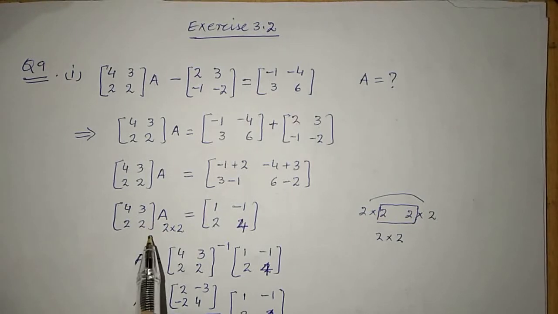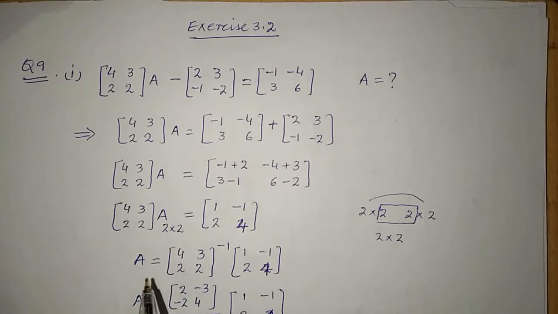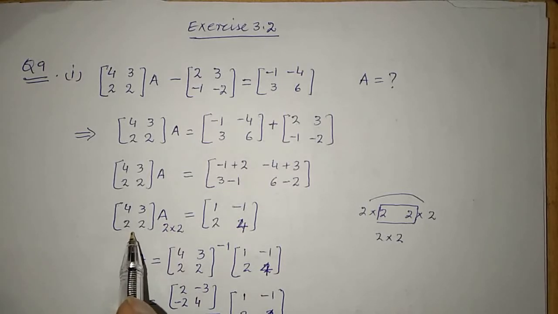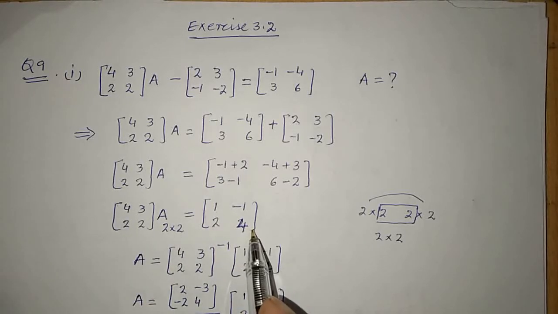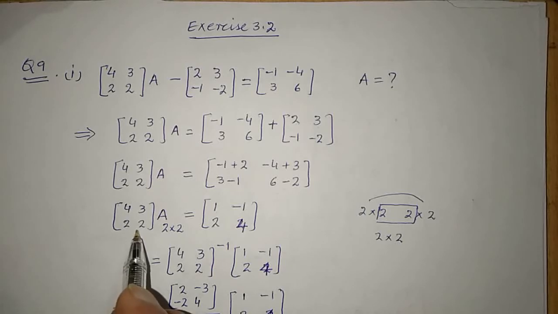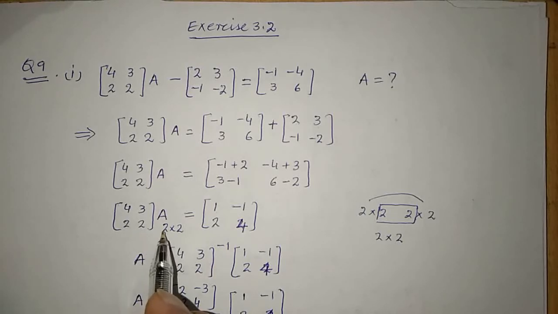Now we are to find matrix A. So what will be matrix A? If this matrix is 2 by 2 and on the right hand side the matrix is also 2 by 2, so 2 by 2 multiplied by what will be A?